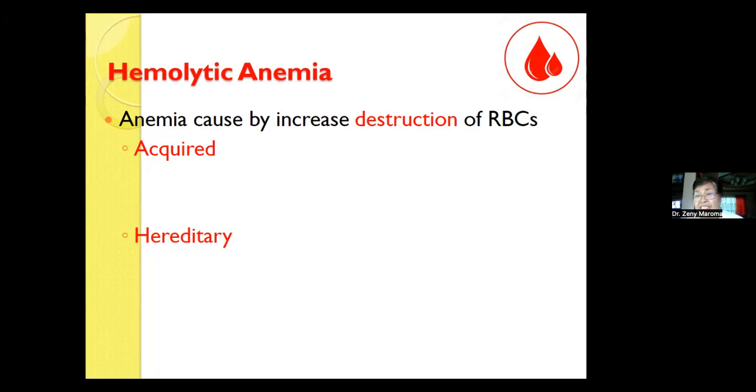Siyempre, pallor. Pero since renal failure, the waste products of metabolism are excreted in the skin. Kaya hindi mo nga makikita yung pallor nila. Anong color nila? Gray color. Maputla, mag-gray.